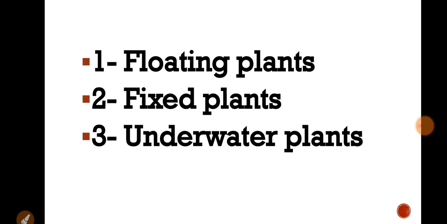Floating plants float freely on the surface of water. Similarly, fixed plants have their roots fixed to the bottom of water bodies like ponds and lakes. And underwater plants are the plants which grow under the water surface. So all these we will discuss later.